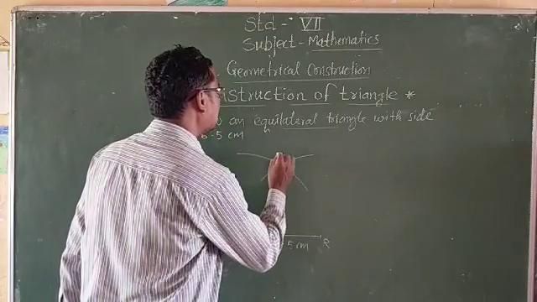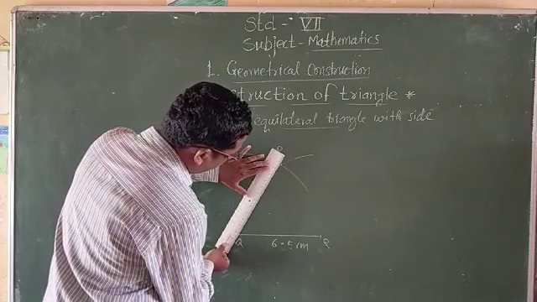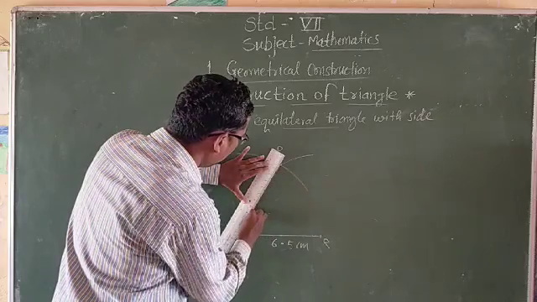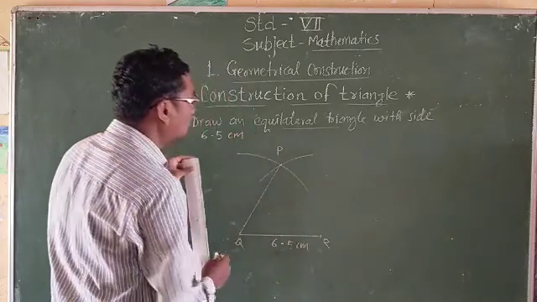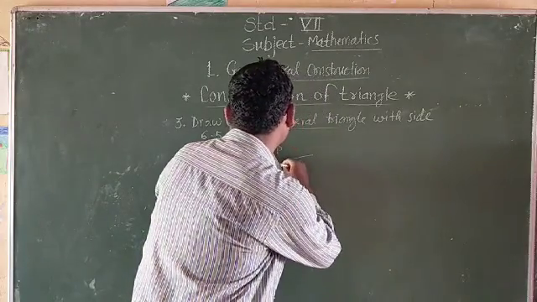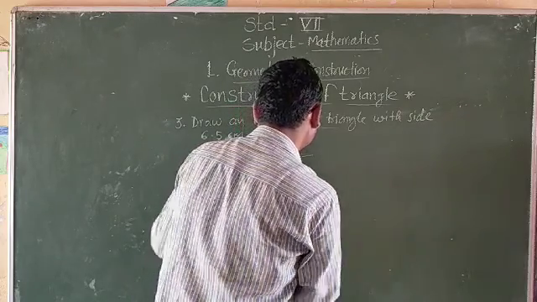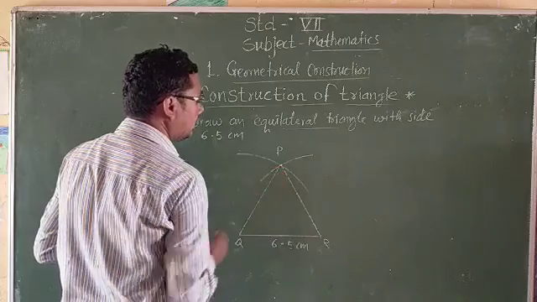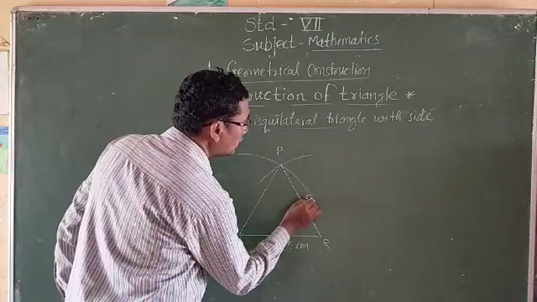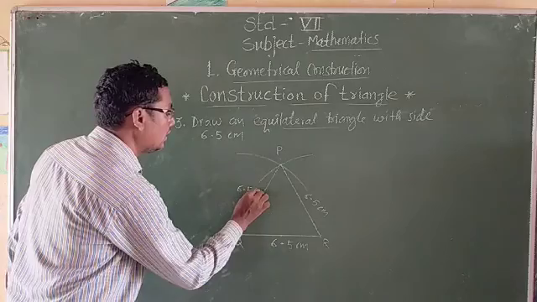So this is the point of intersection and this is point P. Join it properly: point P and Q, and point P and R. This is 6.5 centimeter and this is 6.5 centimeter.